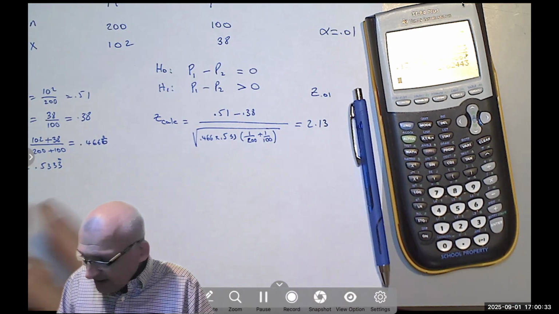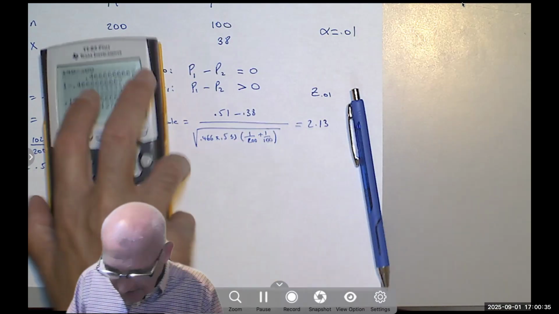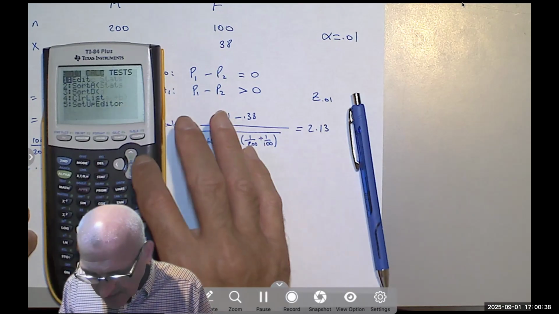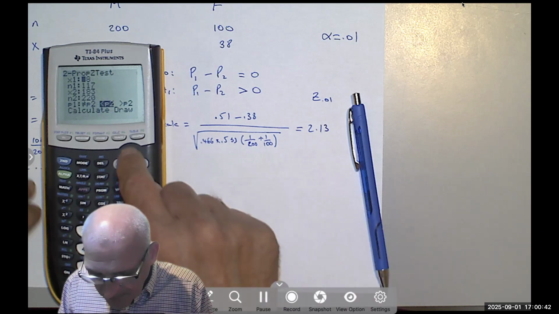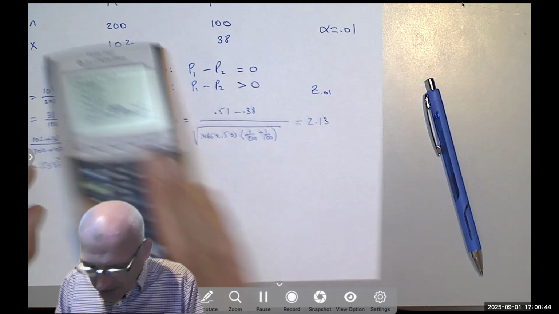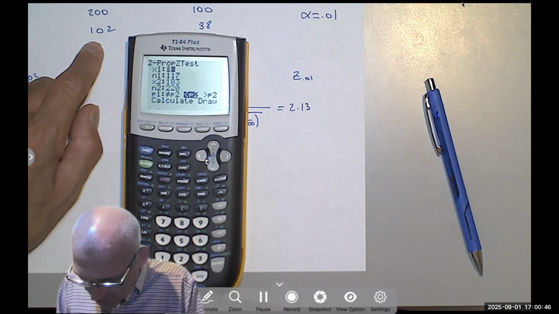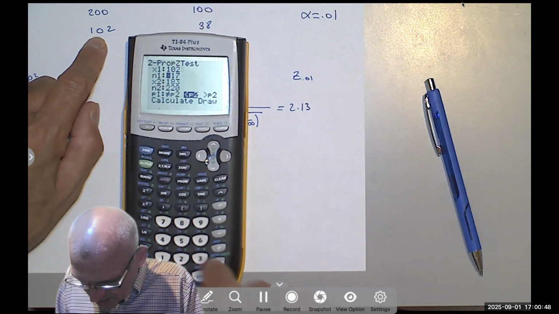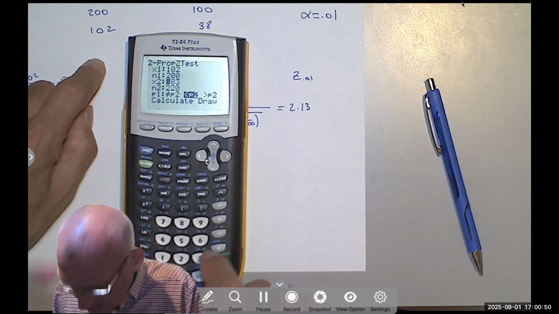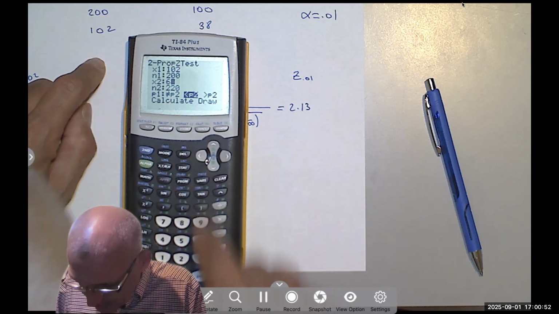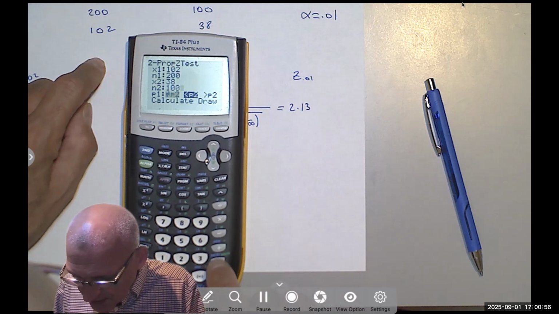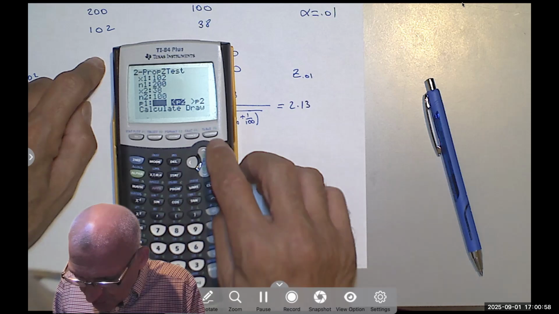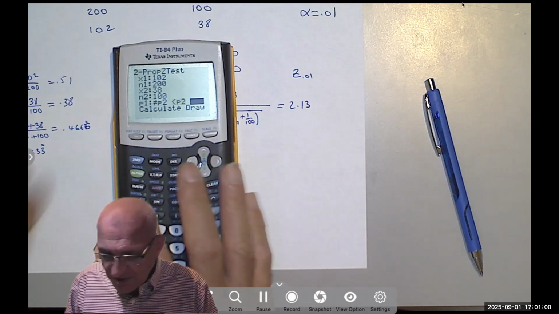Okay, so now we can go to the test again, stat, tests, and then enter 6. We can say x1 is 102 over 200, x2 is 38, not 68, that would be horrible, over 100, and we want it to be greater than P2, right?